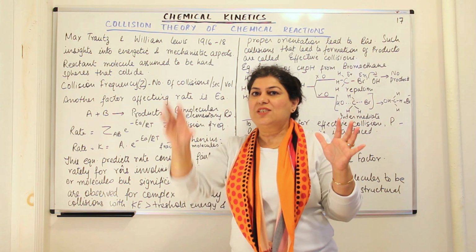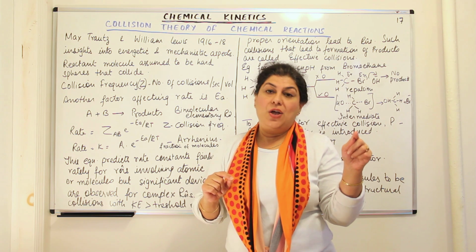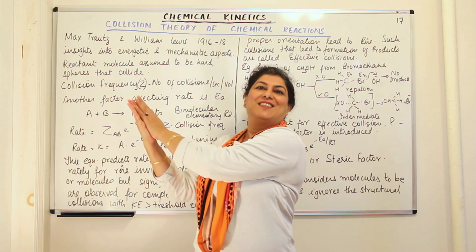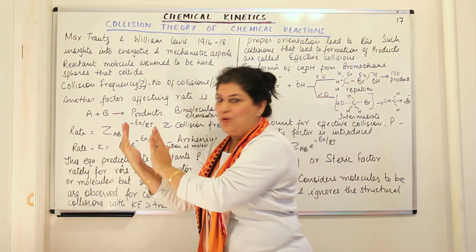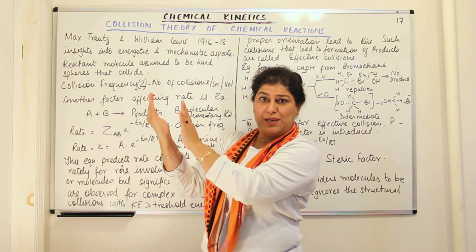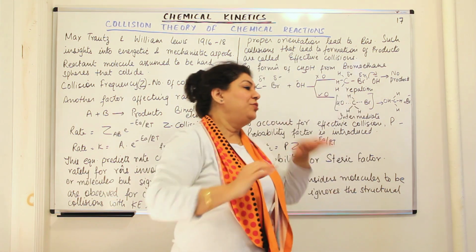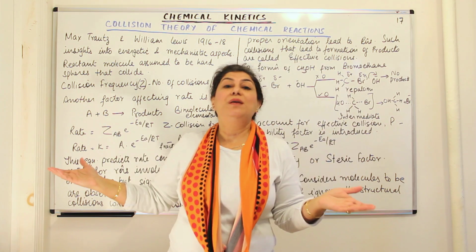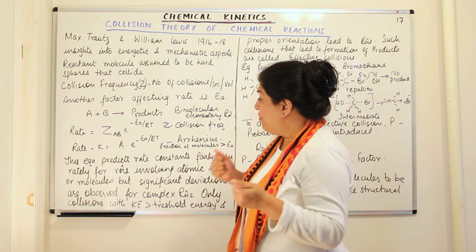Out of all these collisions, not all collisions will lead to reaction. Only those collisions will lead to reaction where the orientation is right. If I am facing you, you are facing me, we two are talking, and we were the actual reactants for that particular elementary step, only then the reaction would take place. Although you were colliding with the other three, I was colliding with the other three, you and I did not talk to each other, so how would we be friends? So the bond of friendship would not be formed.